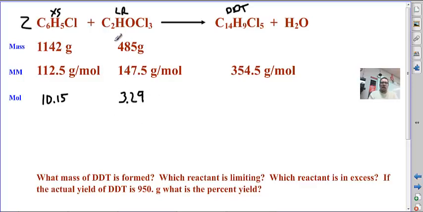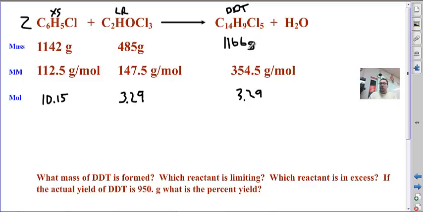Well, the nice thing is it's a 1-to-1 ratio, so you also have 3.29 moles of DDT, the deadly pesticide, in more ways than one. And that times that comes out to be 1,166. We should probably round it, 1,170. We'll just say 1,166 grams of DDT could be made.